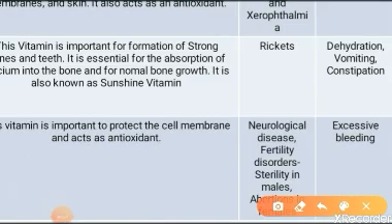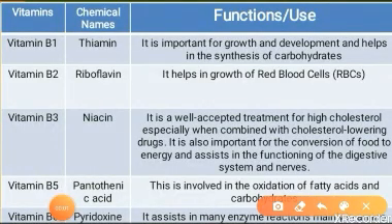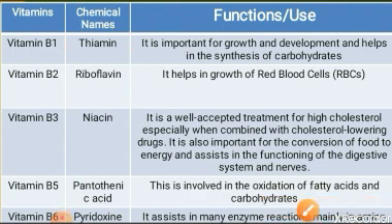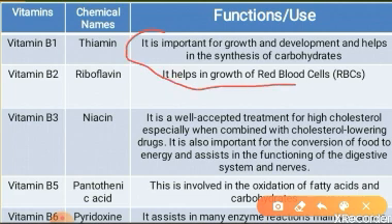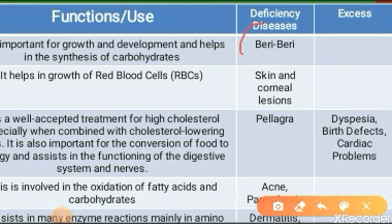Excessive use of this vitamin causes excessive bleeding. Vitamin B1 is also called thiamine. It is important for growth and development and helps in synthesis of carbohydrates. The deficiency of this vitamin causes beriberi.